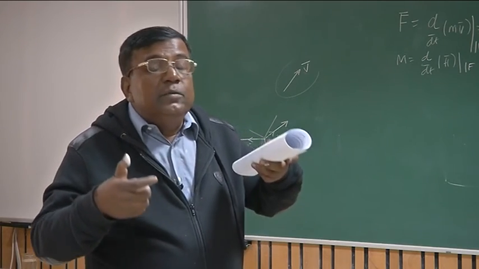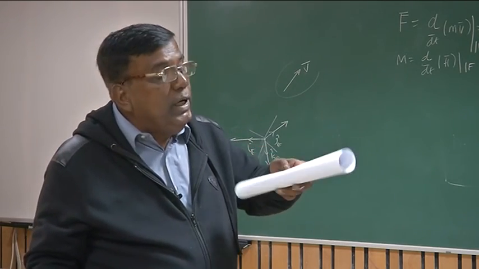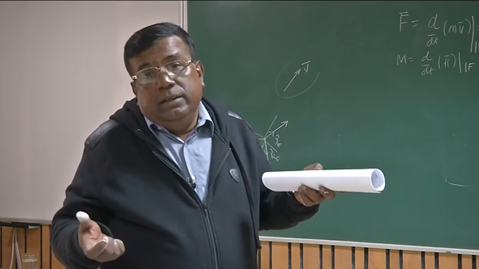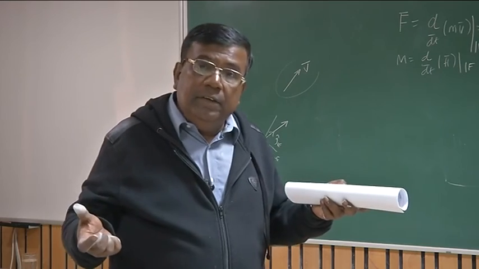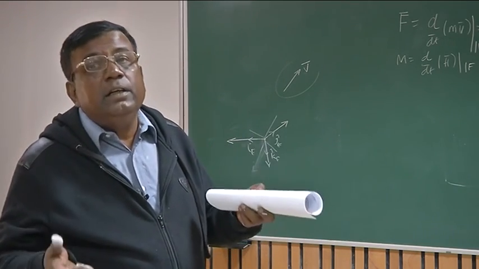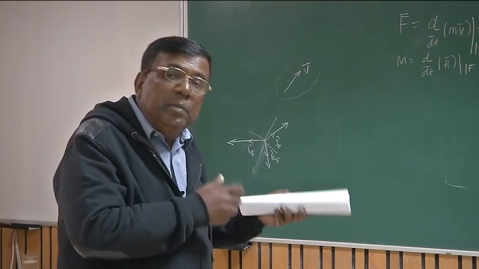Why? Because the direction is changing. If the frame is rotating, the directions of i, j, k are changing. So the vector is a different vector if the directions are different, and there is a rate of change of the vector for our purpose.